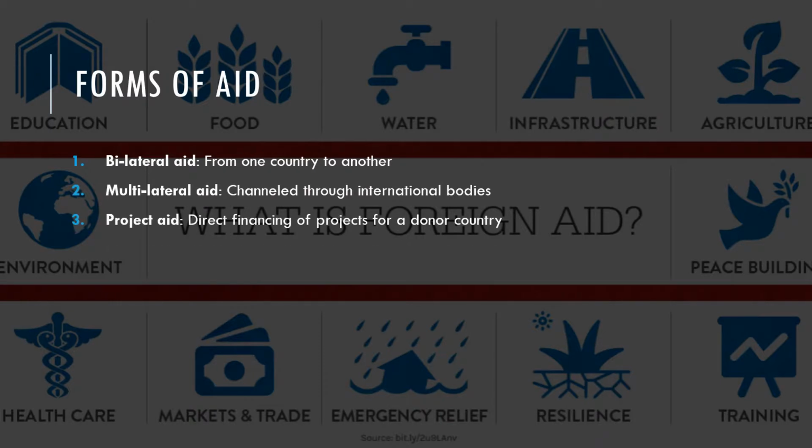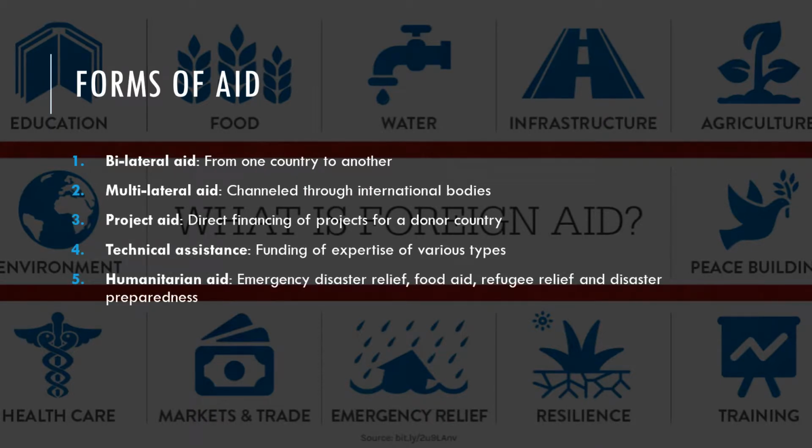There are many forms that aid might take. Bilateral aid is straight from one country's government to another. It might be multilateral through some international organizations. It might be specifically for a particular project, or provide technical assistance. Maybe the aid we most traditionally think about is humanitarian, so some sort of disaster or a famine.